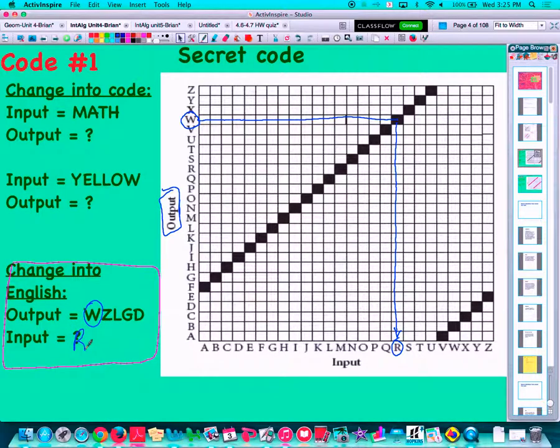So W goes with the letter R. Z is an output. We'll find Z and then go down, and that goes with the letter U. So RU.